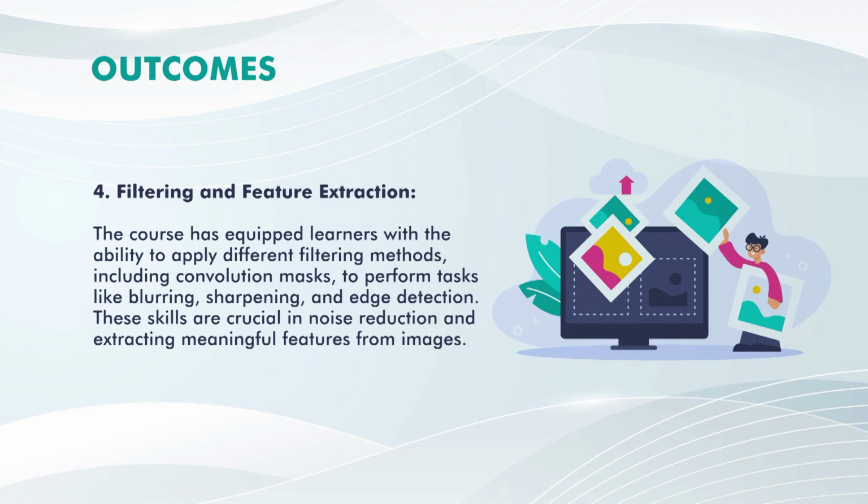Fourth, filtering and feature extraction. The course has equipped learners with the ability to apply different filtering methods, including convolution masks, to perform tasks like blurring, sharpening and edge detection.